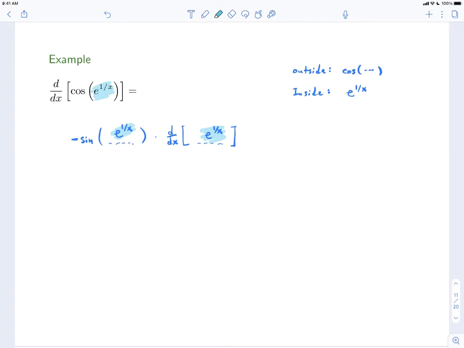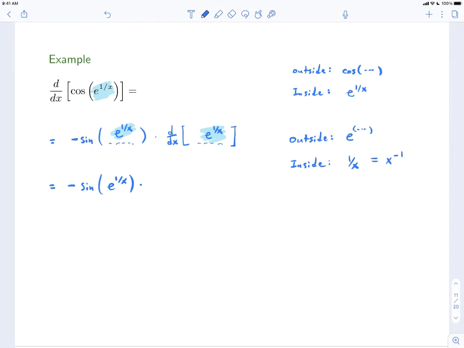Now we have a new outside and inside function. The outside function is e to the whatever, and our inside function is 1 over x, which you might rather write as x to the negative 1. So now we have the opposite of sine of e to the 1 over x, and we multiply this by the derivative of e to the something.